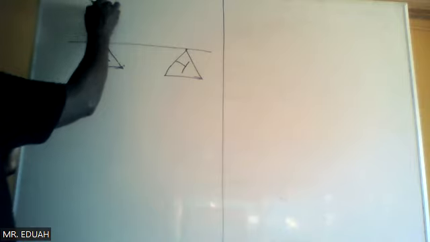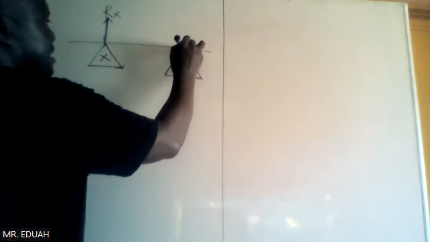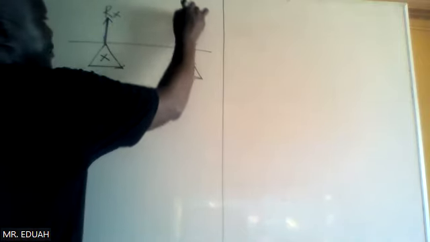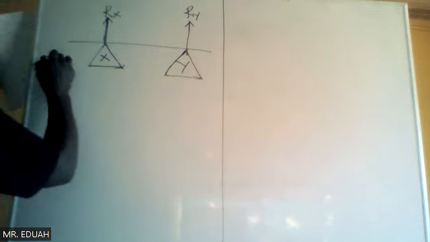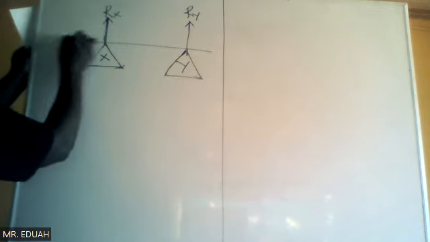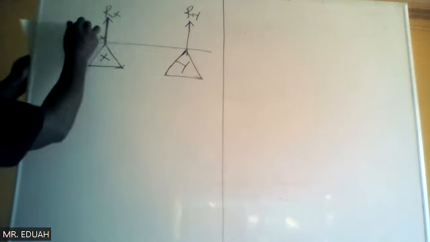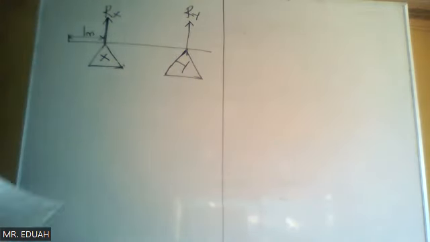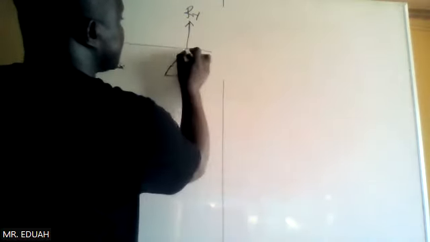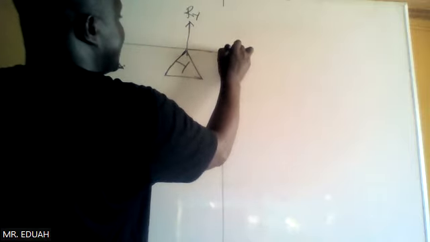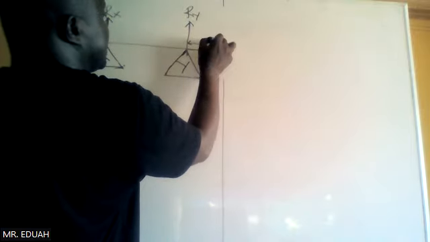Let's call this reaction X, and the reaction force produced by this one reaction Y. Now this one is at a distance of 1 meter from the end. This other pivot is 2 meters away from the end of the bar.